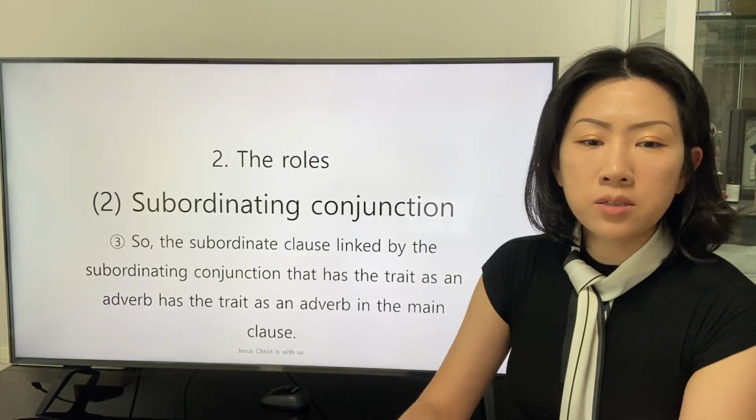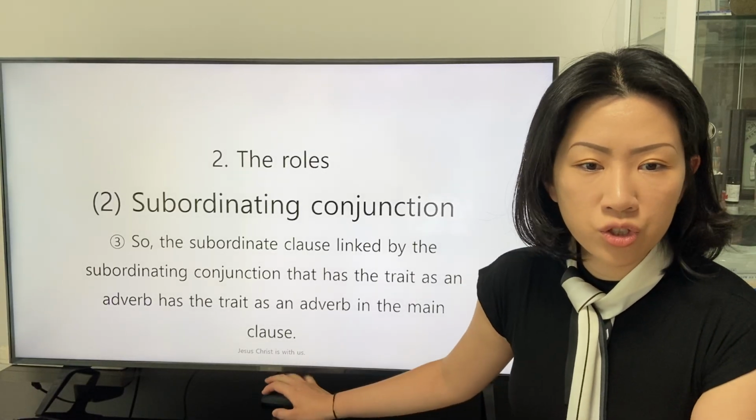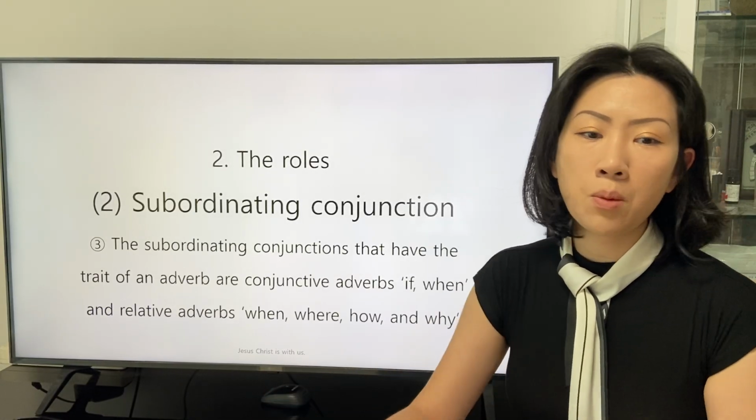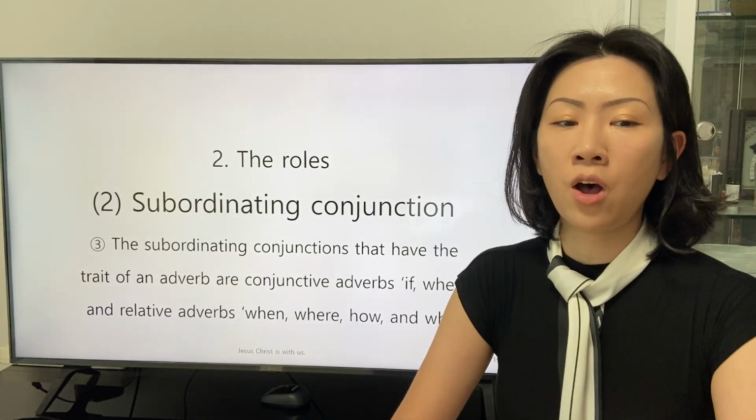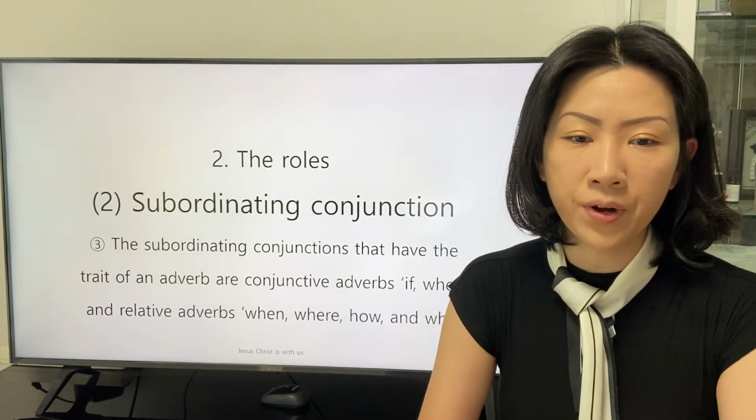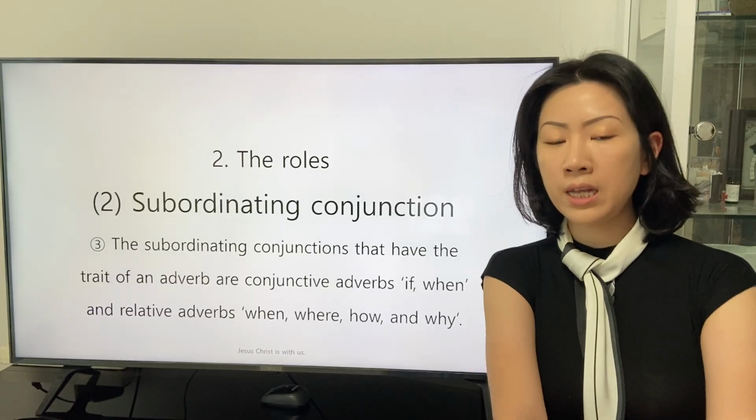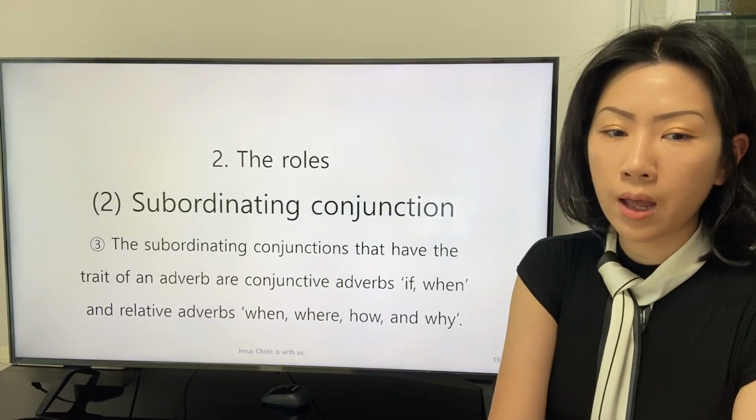So the subordinate clause linked by the subordinating conjunction, next one. The subordinating conjunctions that have the trait of an adverb are conjunctive adverbs if, when, and relative adverbs when, where, how, and why.